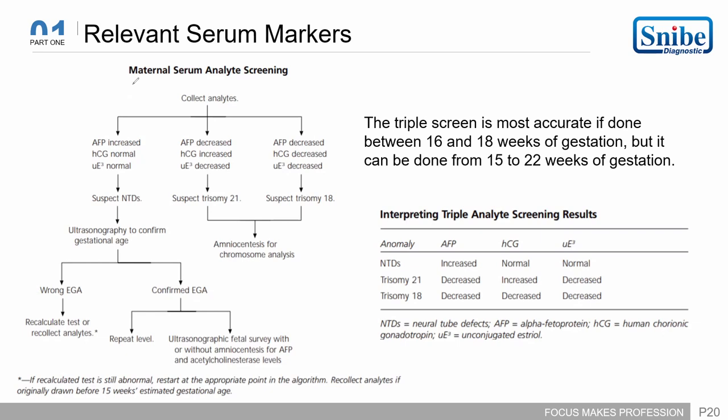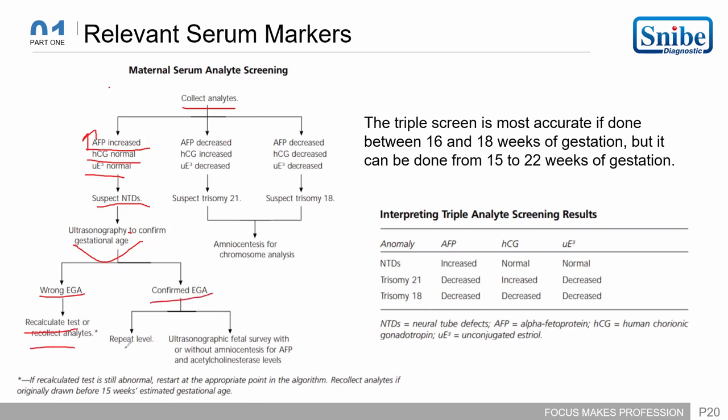If alpha fetoprotein is increased, hCG is normal and unconjugated estriol is normal, only the alpha fetoprotein is increased, so this is suspected neural tube disease. The ultrasound has to confirm the gestational age. If the EGA is wrong, then recalculate the test and recollect and analyze again.